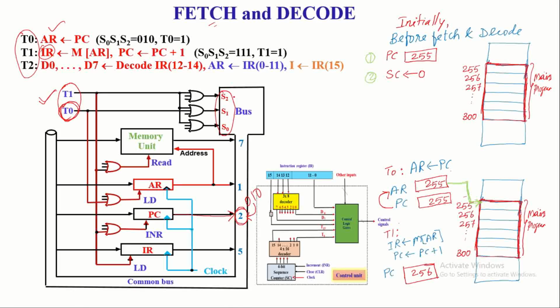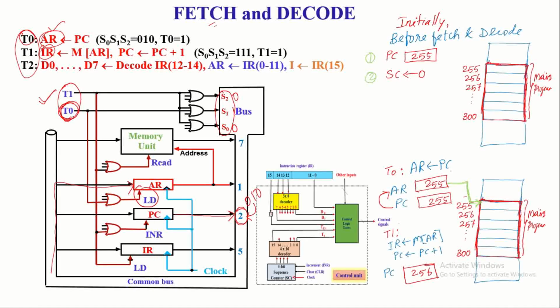Once the selection signals are set to 0, 1, 0, it will initiate the transfer from the program counter. Once it is placed on the bus, it has to reach the address register, so immediately the load signal of the address register needs to be enabled in order to load the content into the address register. These two micro operations need to be performed during the timing signal T0.